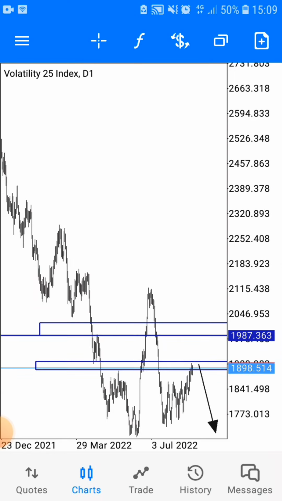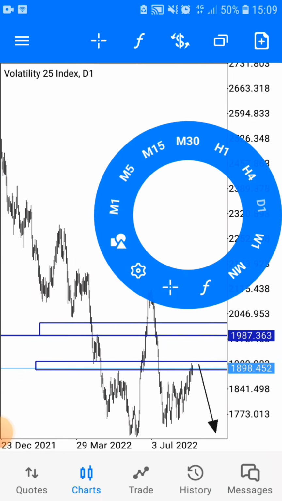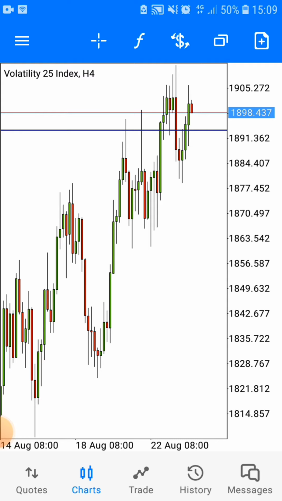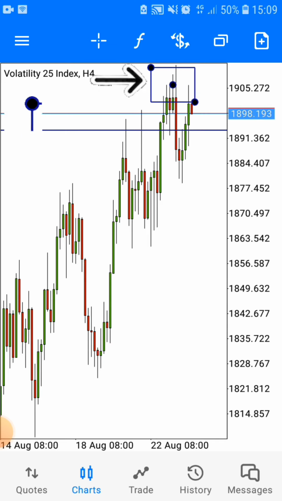Leaving that aside, let's now go to the lower time frame, which in this case will be the 4-hour time frame. On the 4-hour time frame, I'm sure you are seeing these weak rejections right here.